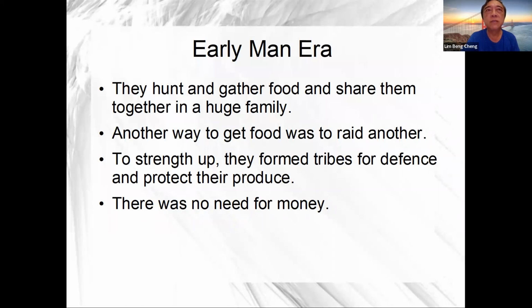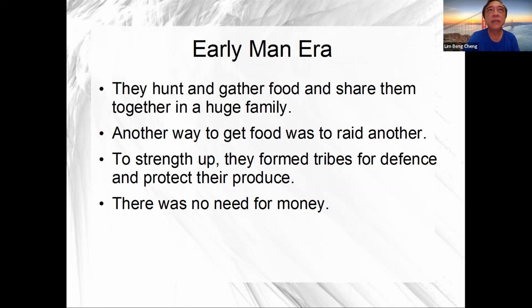In this type of environment, they do not need money. Whatever they can hunt or gather, all the food is shared. Some will have more, some will have less. So there's no trading, and no need for money.